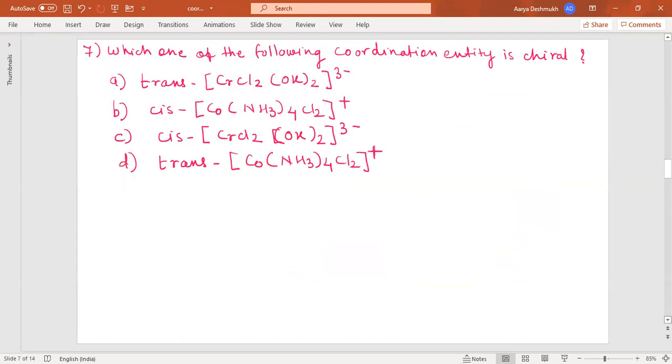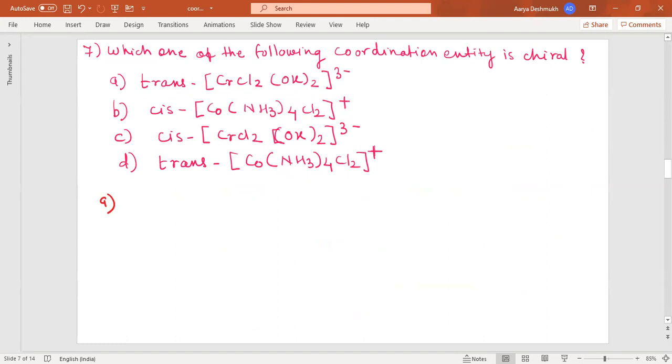Now, go for the next one. Which one of the following coordination entities is chiral? Options are given here. Now we'll go one by one. For option A, trans [CrCl2(ox)2]3-, where ox means oxalate.